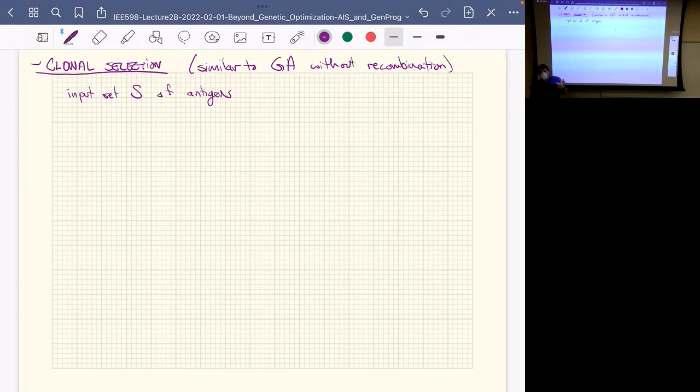But we don't know the best way to match them. So we need to create a set of memory cells that are best matches for these things. And so what I mean by that is, abstractly, you could say, my antigens are particular attacks to a system.